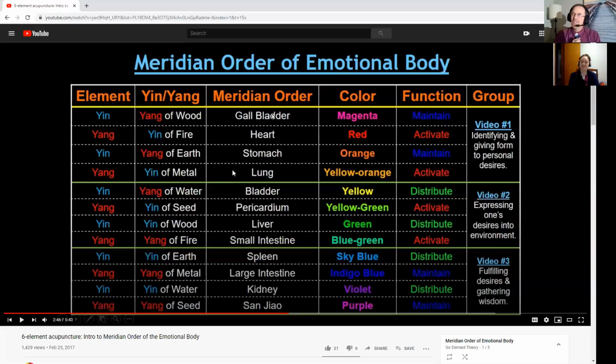But then there's this desire in her that she wants to do something with her life, right? She wants to grow as a person. She wants to express her reality. And if she's not able to because she's just taking care of everybody else, she's going to have a liver problem.